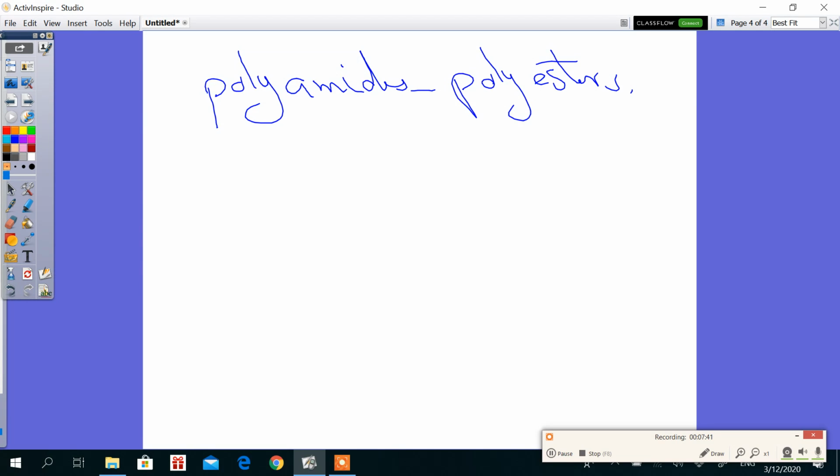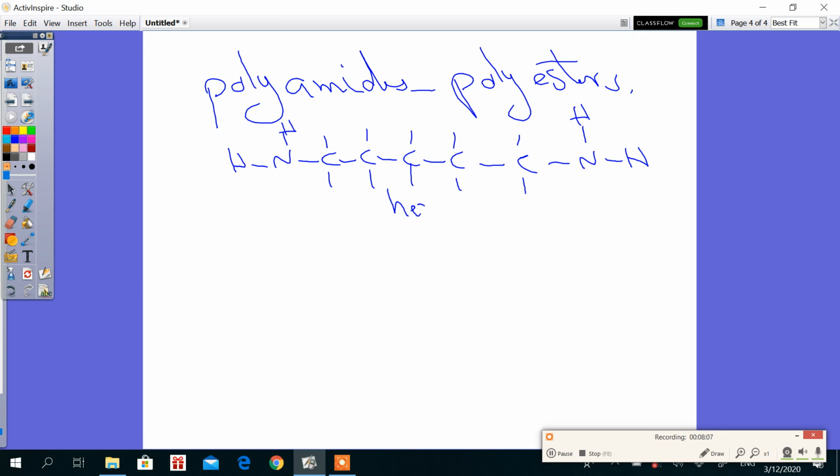If I have hexane diamine, I have 6 carbons, and there are 6 carbons and 2 hydrogens, like that, and all that is hydrogen, and diamine, NH2. That's hexane diamine.